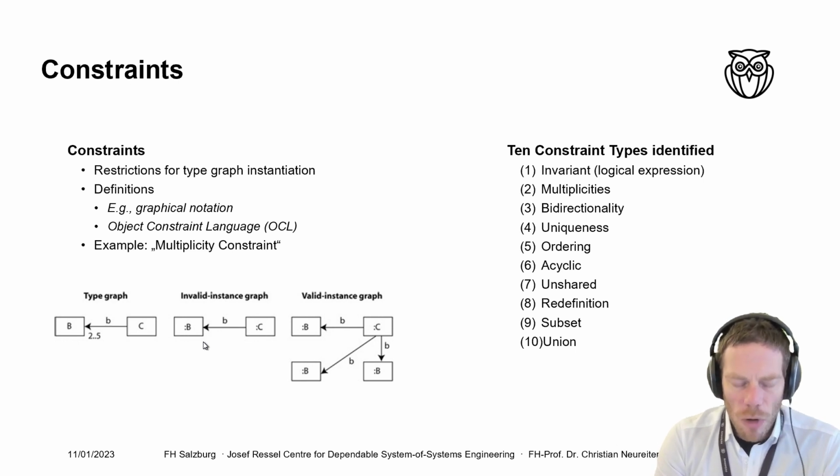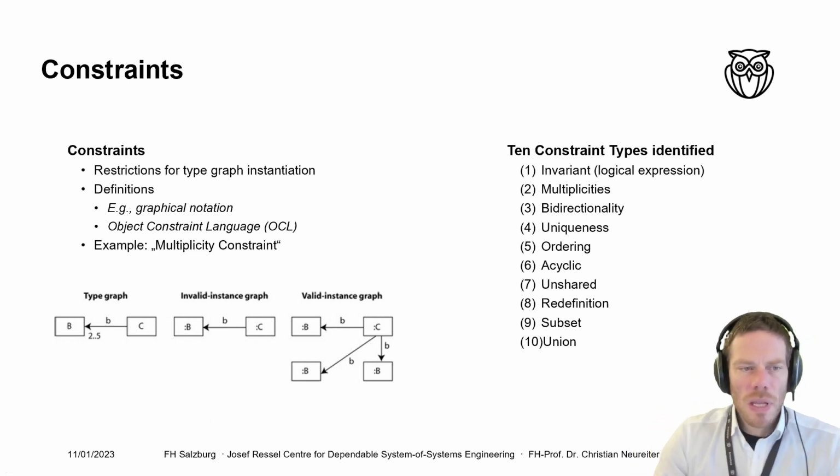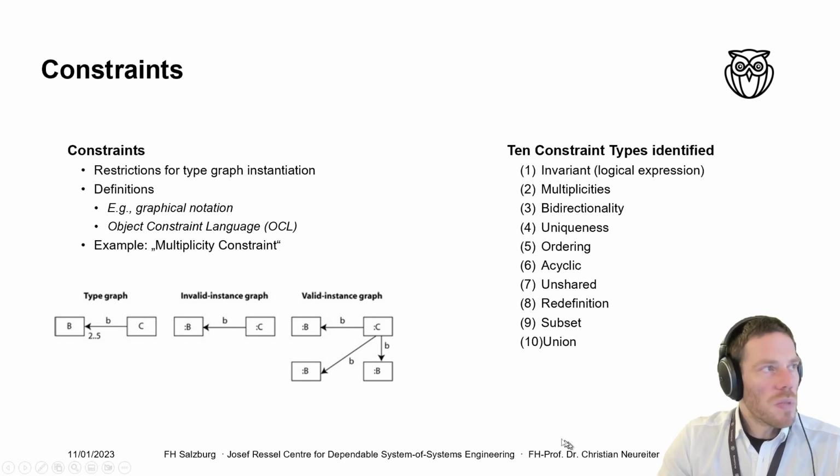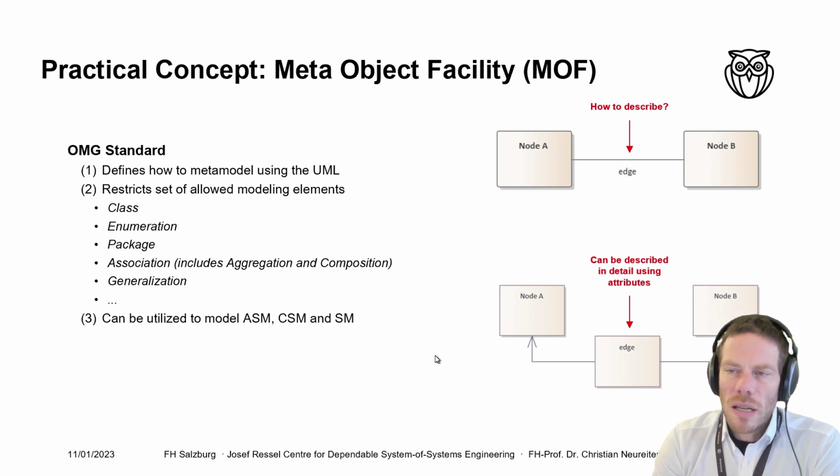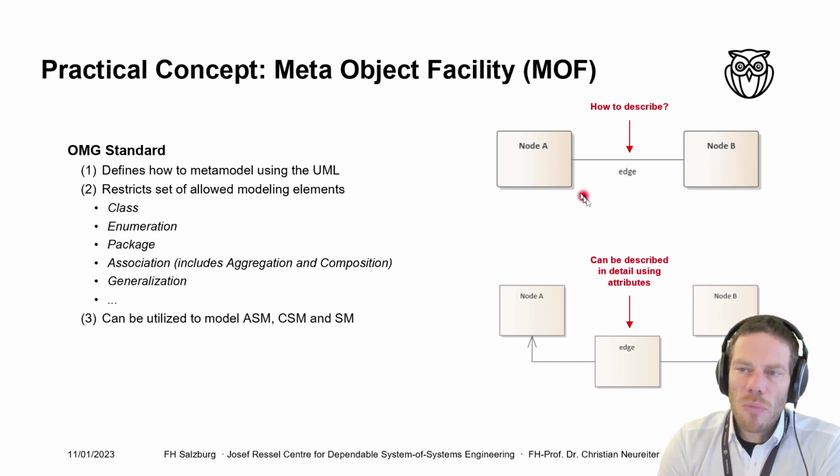There's just one thing to mention that is something specific. If we stick with the graph theoretical approach, it's a little bit difficult to find a more detailed description of just one edge.